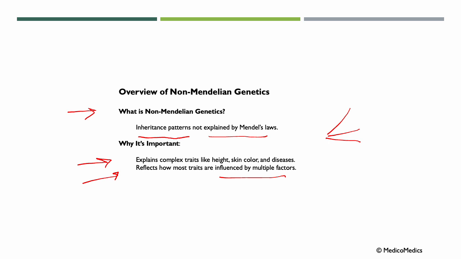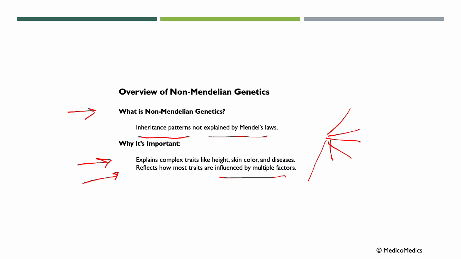Multiple alleles, so more than two allele variations existing, like ABO blood groups. We have sex-linked traits, so genes carried on sex chromosomes like color blindness or hemophilia. Mitochondrial inheritance, traits passed only from the mother via the mitochondria. And epistasis, one gene affects the expression of another.